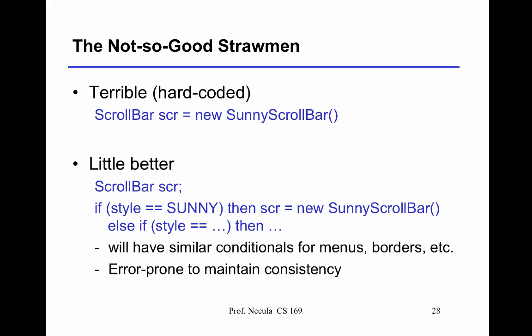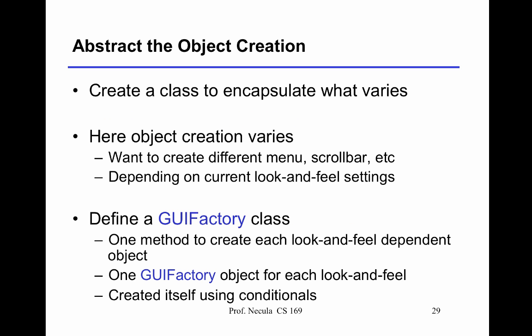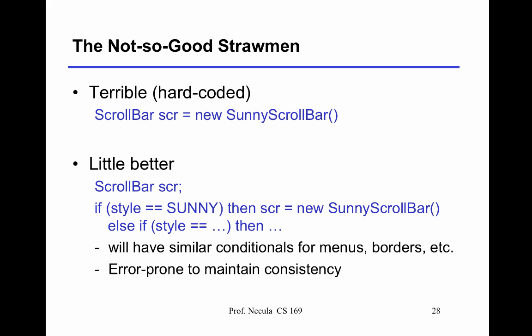You don't want that. So that leads me to the need for abstracting or separating out the creation of objects. Let me go back to the previous slide. You see, I already wrote whatever is specific about the scroll bar in this class and whatever is specific about the Pepper in the Pepper scroll bar.